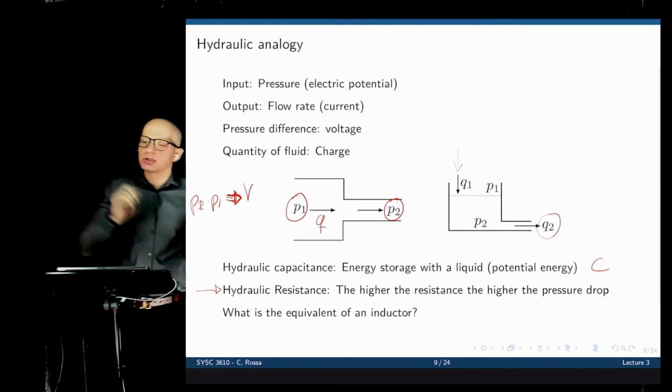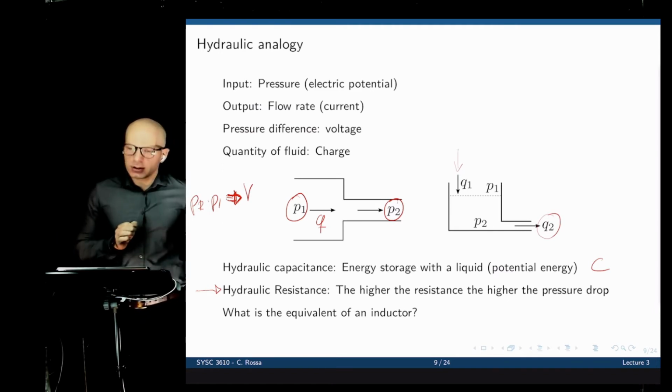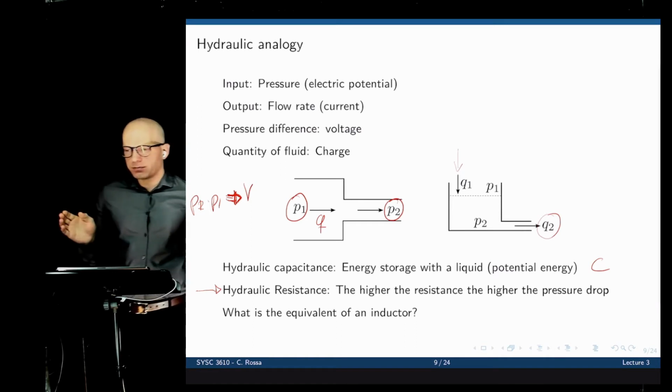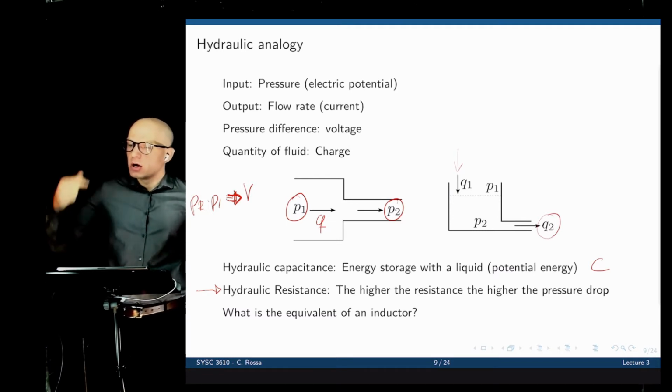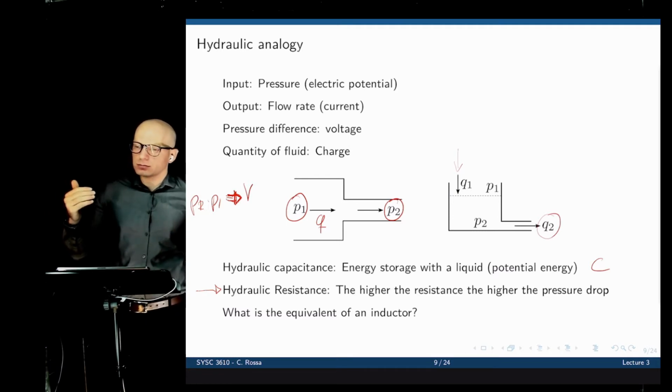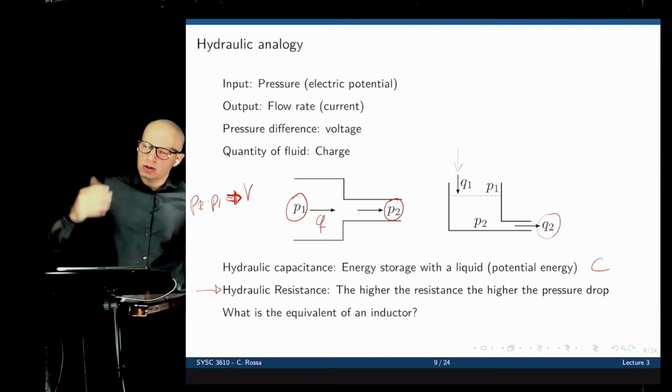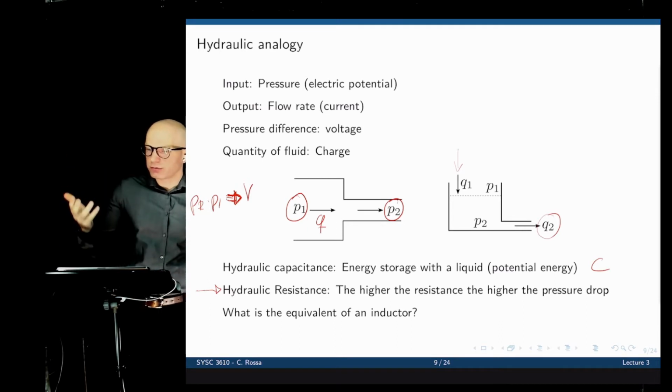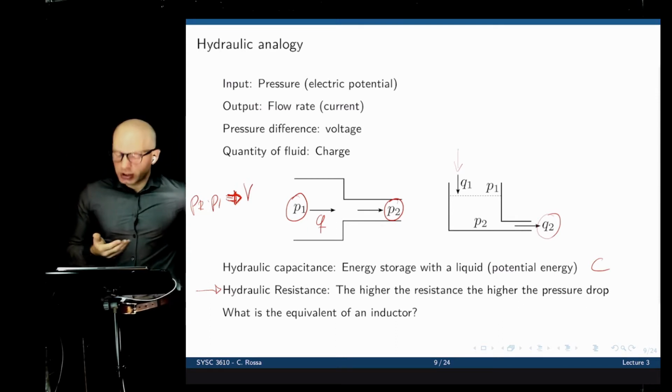So let me ask the question differently. What was the purpose of the inductor in the system and the mass? They provided some sort of inertia to the system by keeping either the system moving or the current going, right? So what would be the equivalent here? What would keep the system just going once you remove the input, with some sort of inertia? It's the fluid inertia itself.